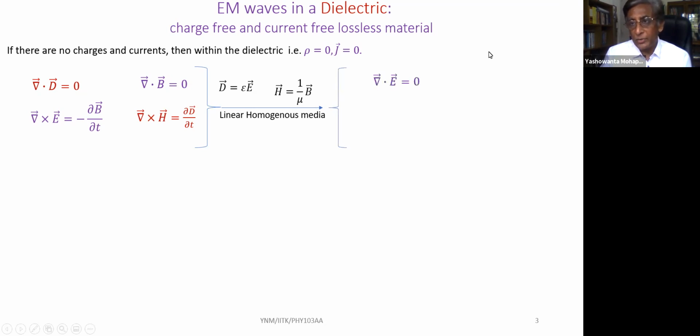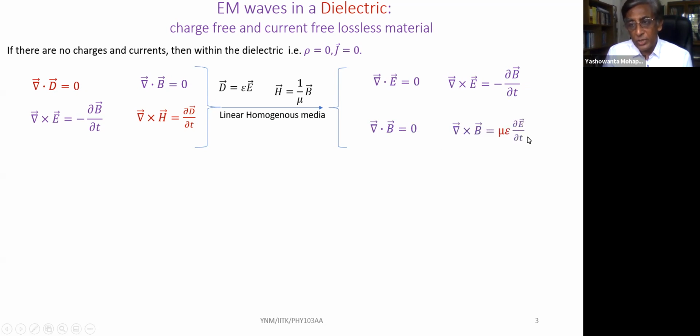So now, using these linear constitutive relations, I can rewrite Maxwell's equations. Divergence of E is still zero, and the Maxwell-Ampere's law has no change, and this is always true.